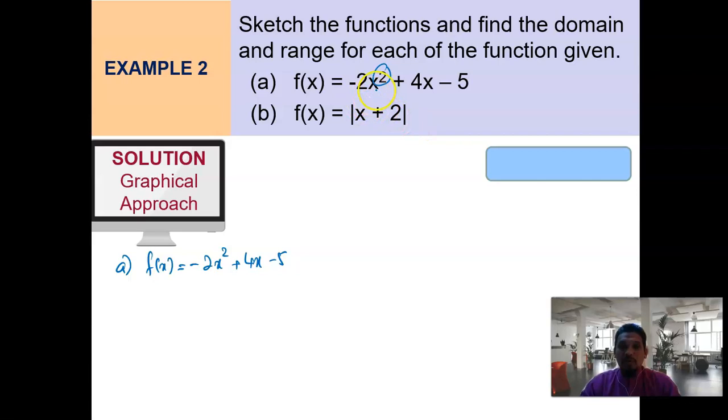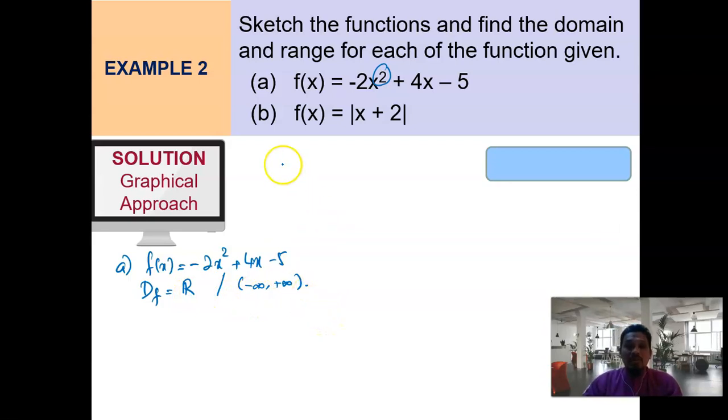We can substitute all values of x into this function and it remains defined. So in that case, the domain of this function is all real numbers, or we can also write this as negative infinity to positive infinity. Either one is fine.